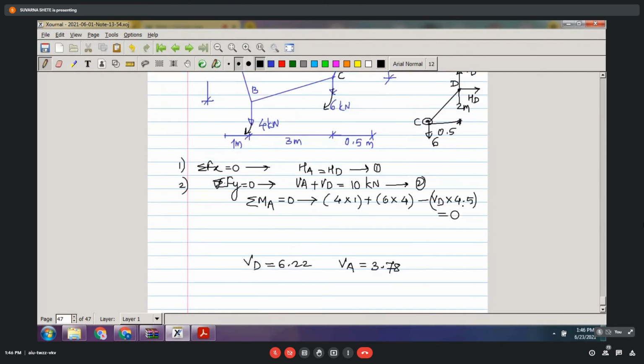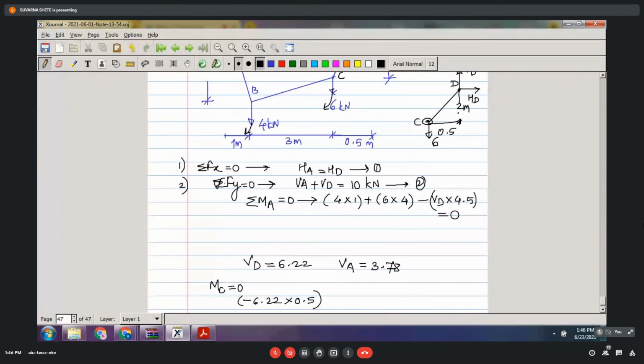Okay. So what will I get? About point C, if I take moment, the 6 kN force passes through point C, so its moment will be 0. Upward VD, which is 6.22, will create anticlockwise rotation about point C. With a minus sign, I will write 6.22 into perpendicular distance of 0.5.